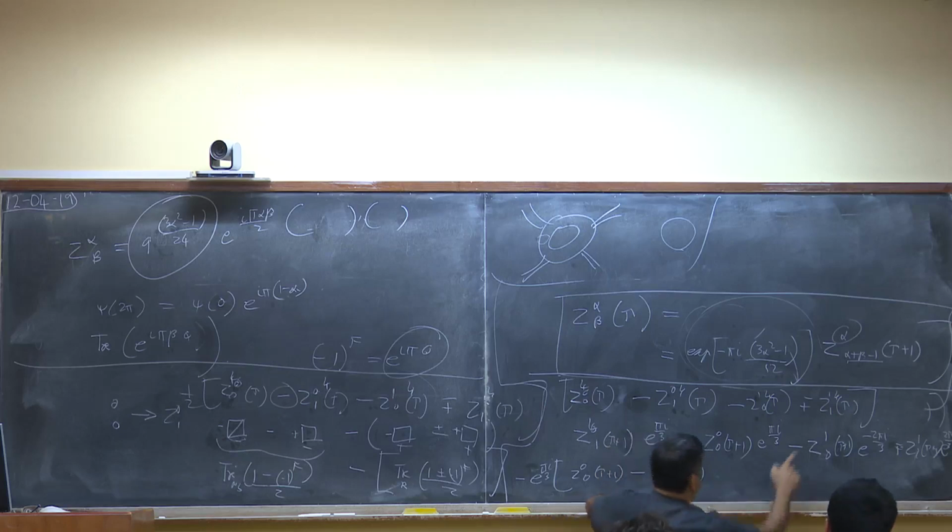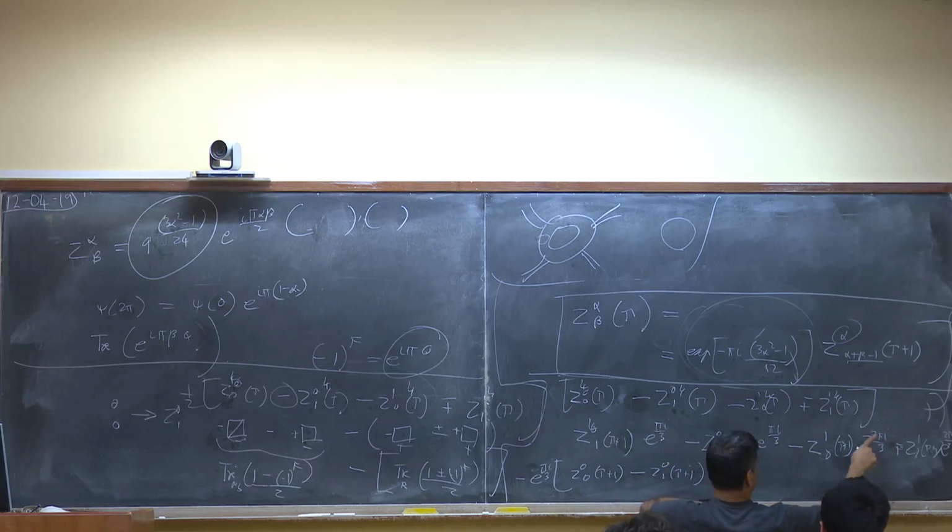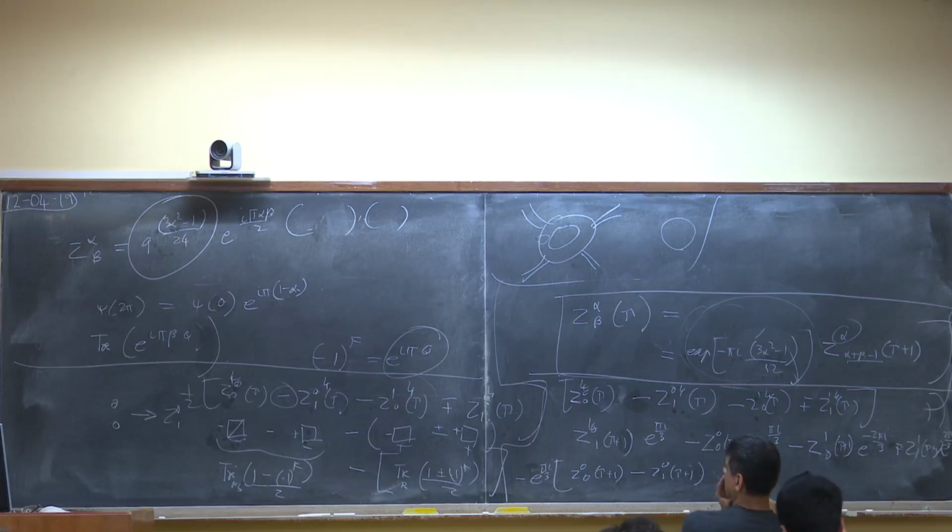And now e to the minus 2 pi i, and this is e to the power minus pi i, which combines with minus 3 pi i. Yes, minus pi i. So that's plus Z10, but there's another minus. Yes, exactly, Z10 of tau plus 1.